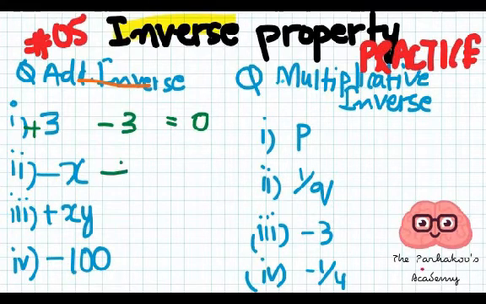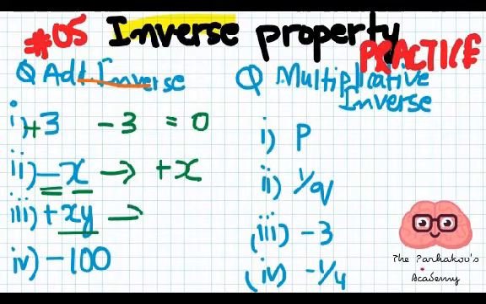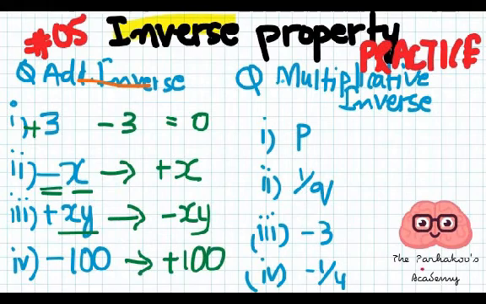The additive inverse of minus x would be, since it's minus, the opposite of minus is plus, and x would remain x. Positive xy, the opposite would be negative xy. Negative 100, the opposite would be positive 100.